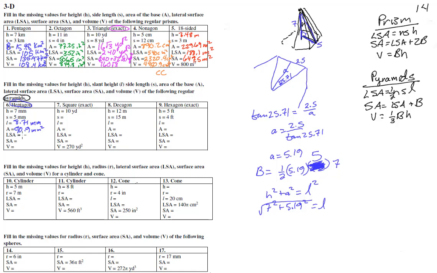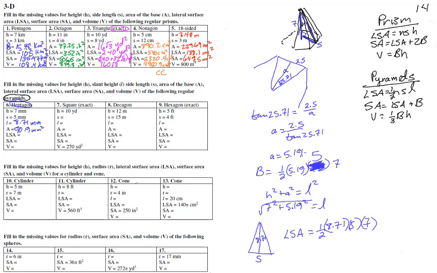Good. So the lateral surface area now, we have 7 triangles that look like this. Let's draw them here. So if we were to cut up the pyramid into the triangles that are now going around the outside, we have this side length of 5 and this slant height down here of 8.71. So the LSA is going to be 1/2 times the height, 8.71, that's the slant height, times 5 times we have 7 sides.